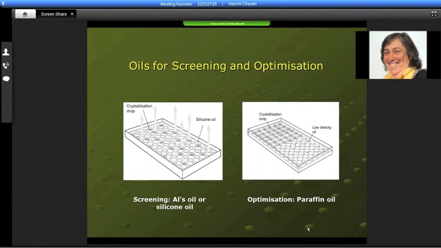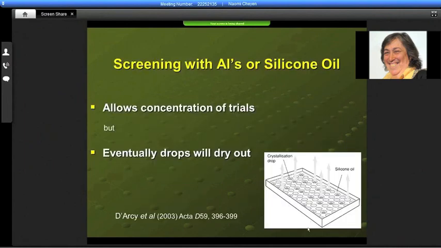And there, what you do is screen, especially when you don't get crystals, or when we were talking about clear drops, you can put them under oil, and this allows concentration of the trials, but eventually the drops will dry out. So you have to watch carefully when this happens. In my experience, as with many things, the theory says that it will work or it won't work.